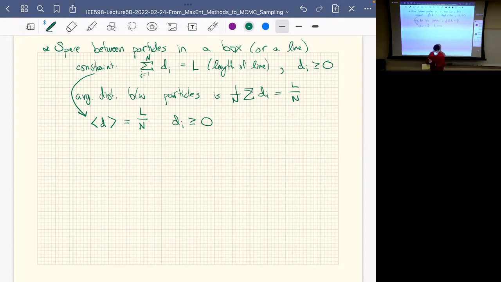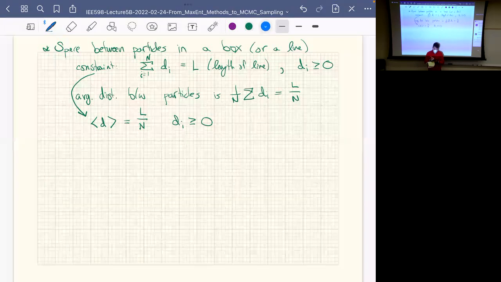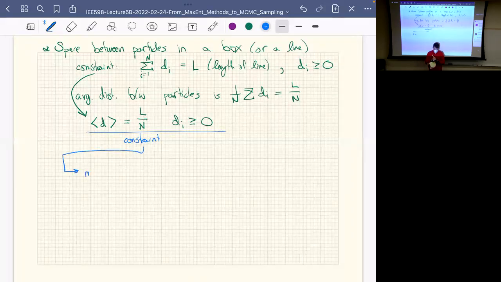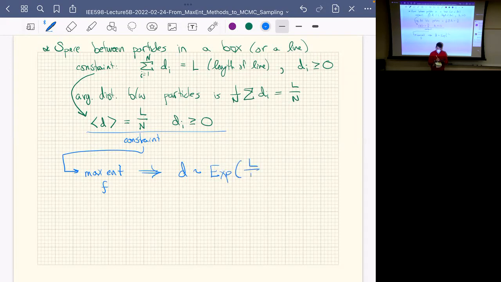So instead, I can solve using this constraint here. I can then solve the MaxEnt problem. So that's my constraint, and then I go and solve the MaxEnt problem. And the MaxEnt distribution that satisfies this is going to have these distances distributed as an exponential with average L over n.